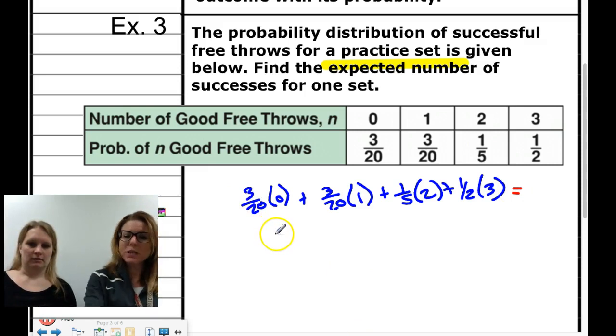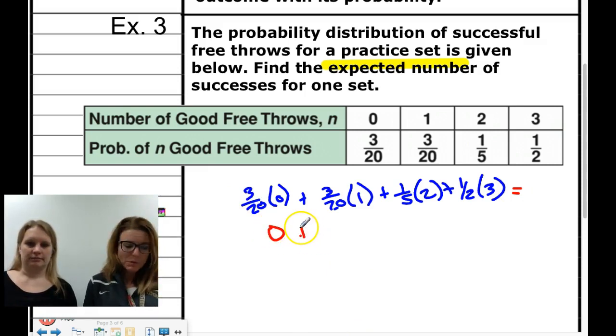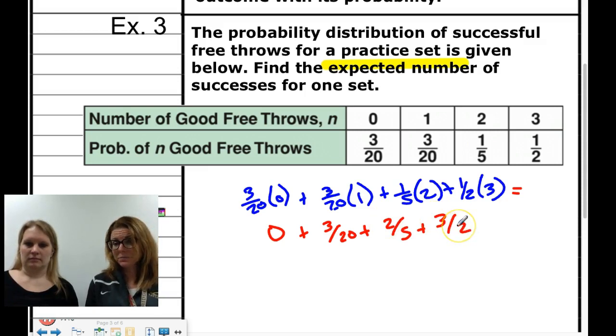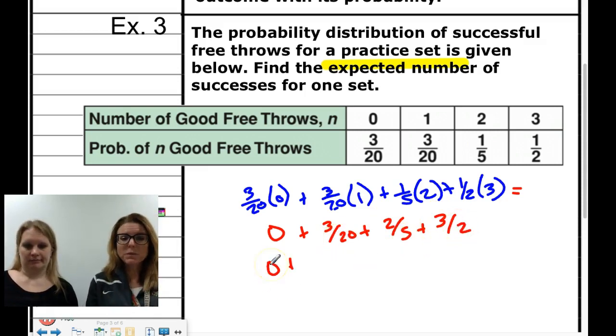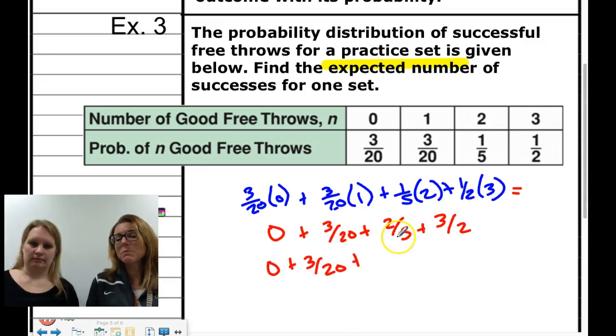When you do the math, so let's maybe down there write that 0, plus 3 over 20, plus 2 over 5, plus 3 over 2. And we need a common denominator. The common denominator is going to be 20. So we're going to have 0 plus 3 over 20. To change that, you have to multiply the top and bottom by 4. So that will give us 8 over 20.